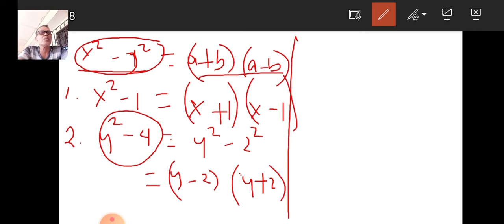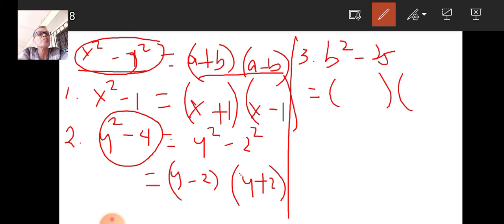Okay? So another example, if you have b squared minus 25. If you don't want to transform the given product into x squared minus y squared, let it be. So we have b squared minus 25. Get the factors of b squared, that is b times b.